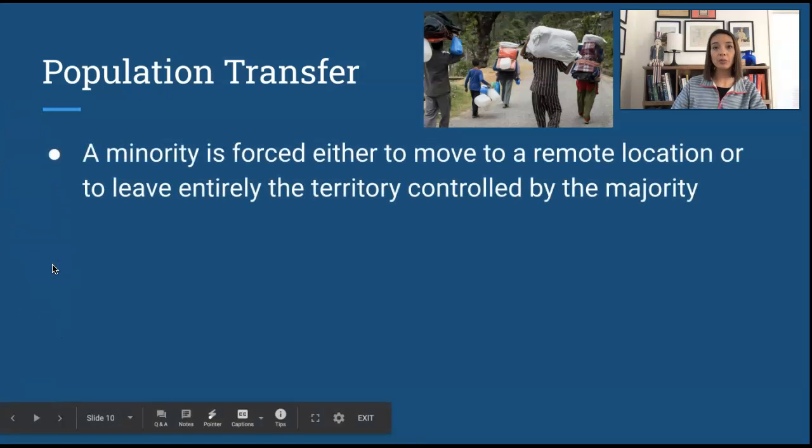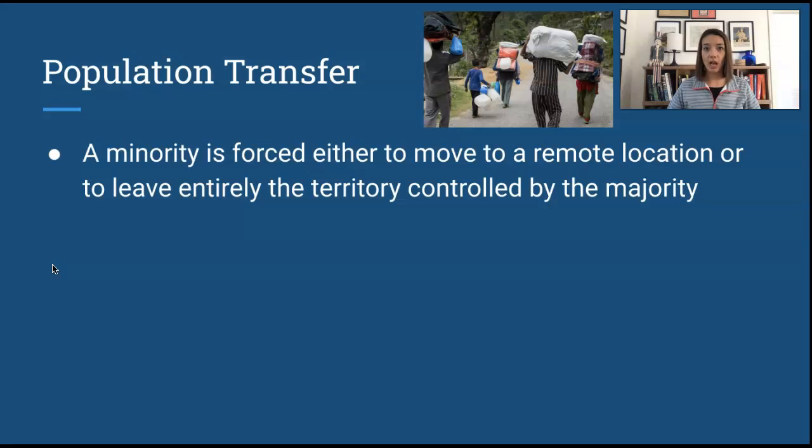And what happens with population transfer is that the powerful majority is making a minority move, essentially. So they are removing them from a location that most likely they have lived in for many, many years, and they are moving them out of that area to usually a remote location.